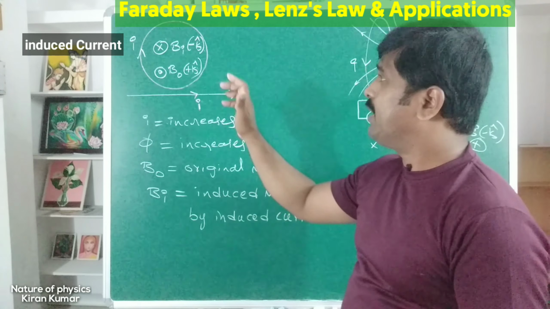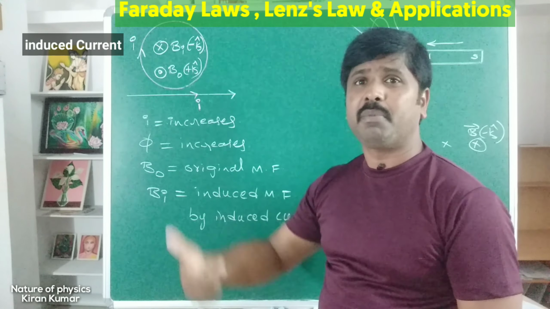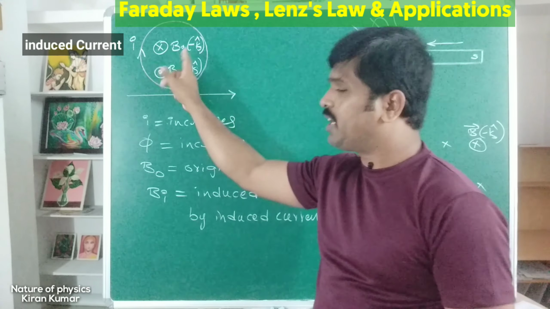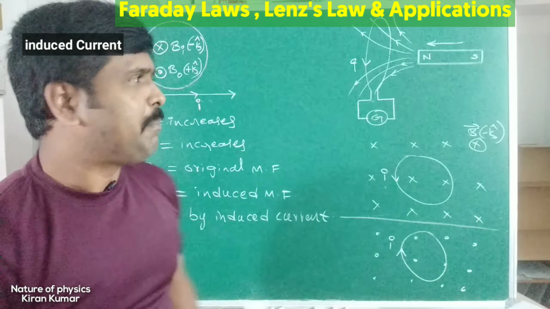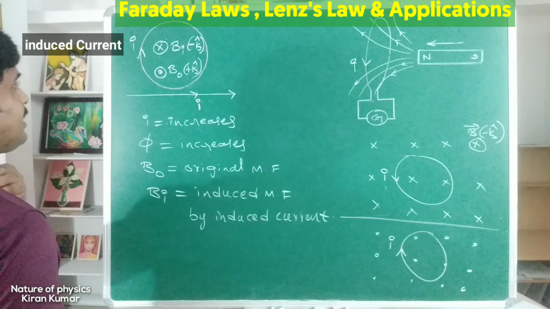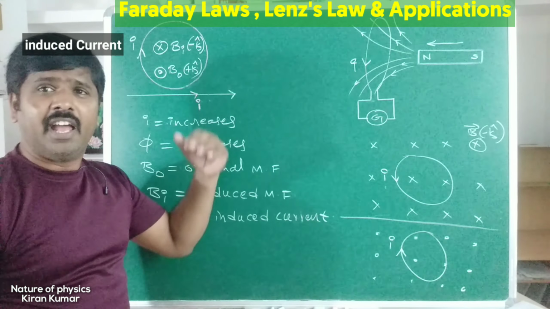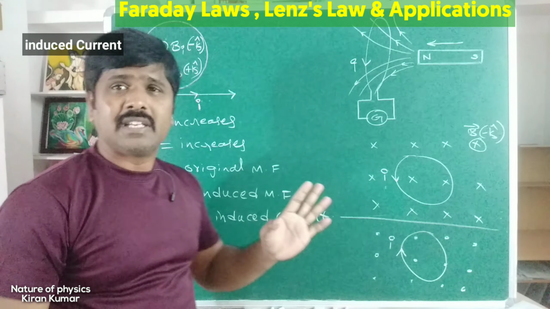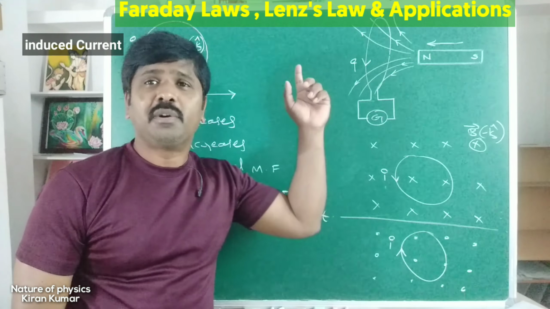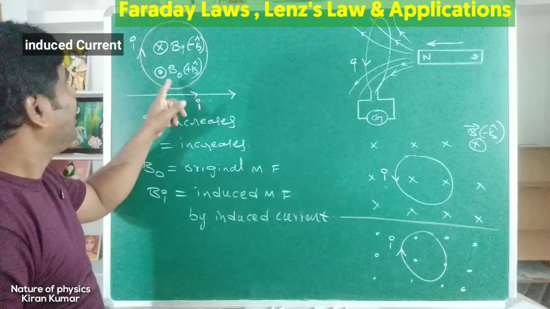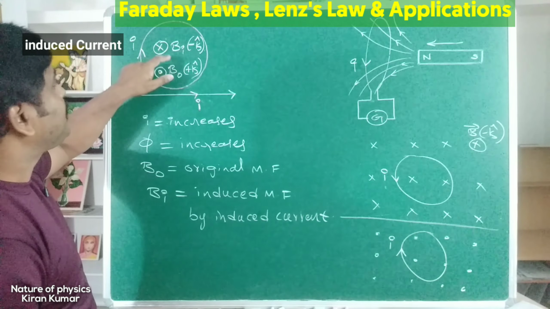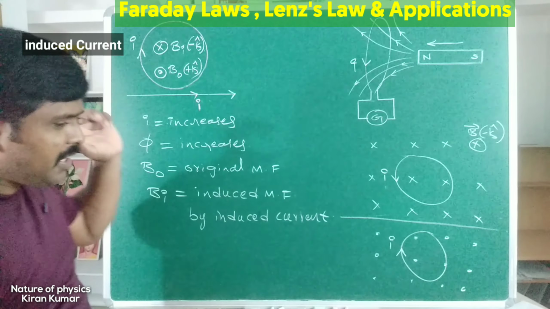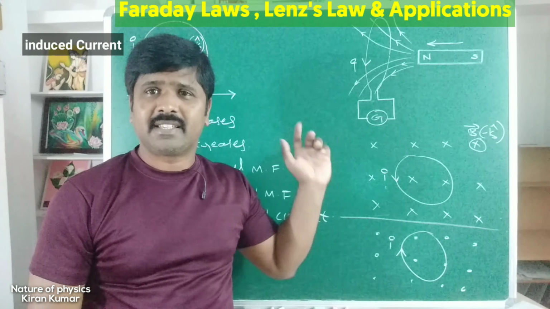Applying the right hand thumb rule, the induced magnetic field is into the paper. So this is clear information about how the current carrying conductor produces the magnetic field near the circular coil, and the induced magnetic field due to the induced current is completed.